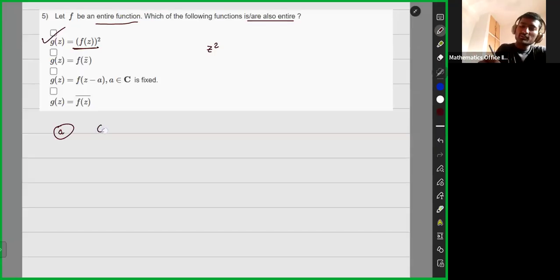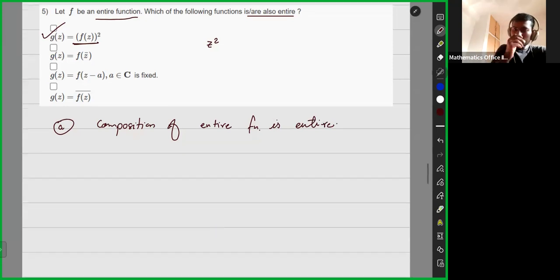Now we are going to see the second one. So first is clear because composition of differentiable functions, even if not entire, is differentiable. But in the composition, it should be clear that when you are checking differentiability at z naught, f is differentiable at z naught and g is differentiable at f of z naught.